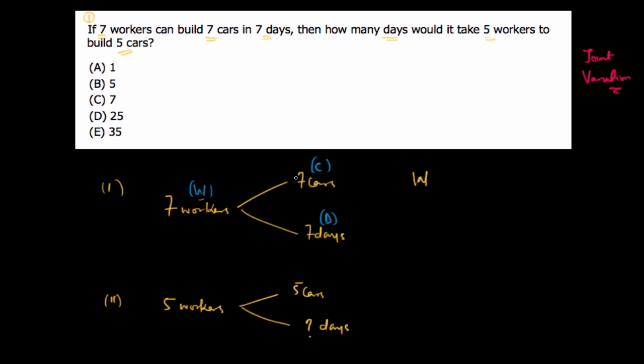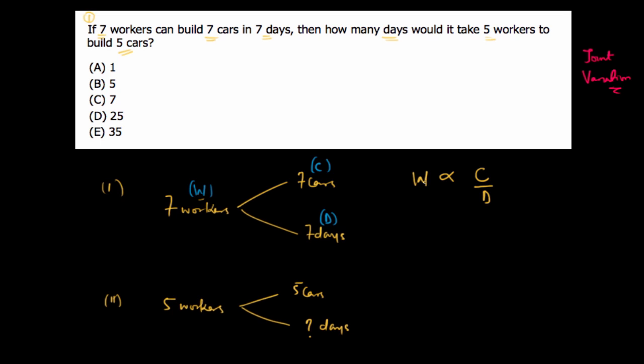So there is a direct relationship, which means W is directly proportional to C. But what is the relationship between W and D? The higher the number of workers, the lower the number of days it will take to build a car, and the lower the number of workers, the longer it will take. So there is an inverse relationship between W and D. You'd say W is directly proportional to C but inversely proportional to D.